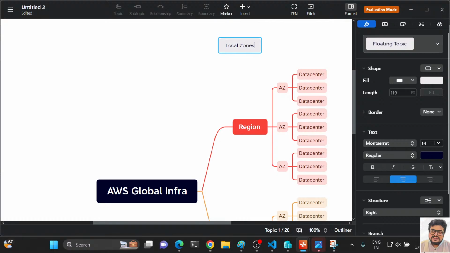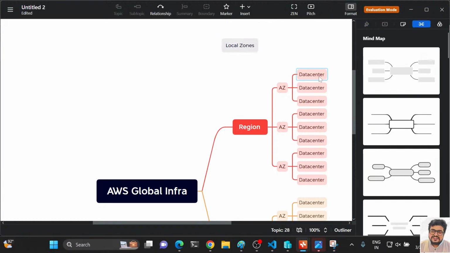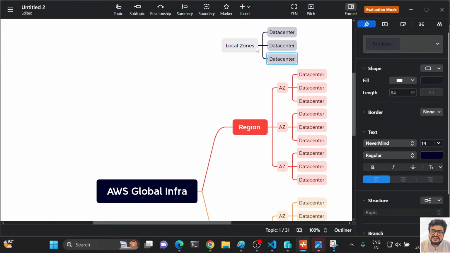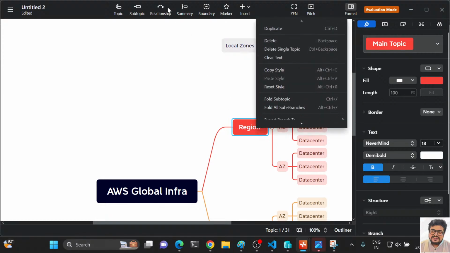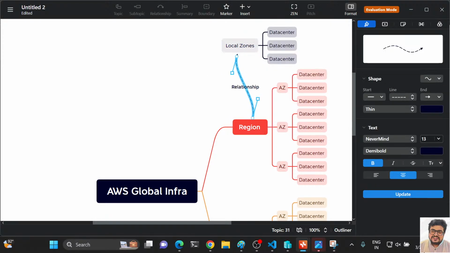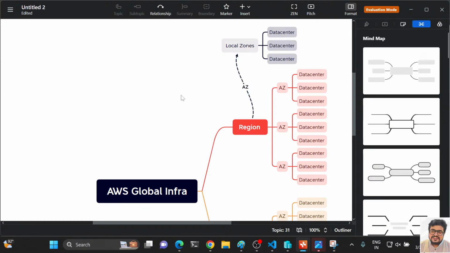That local zone is again a collection of data centers. This local zone can be added to the region and it looks as if it is the fourth availability zone. Did you understand the point?